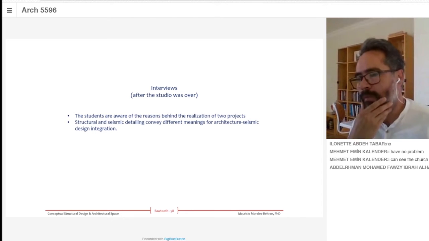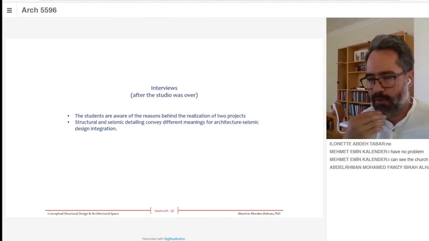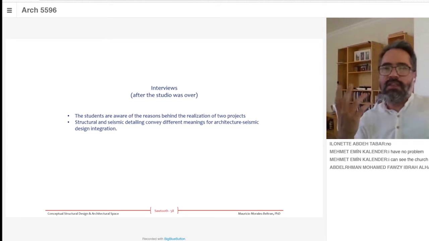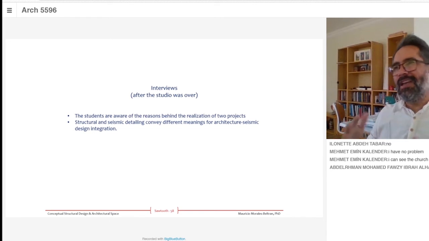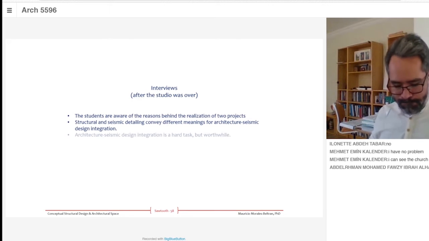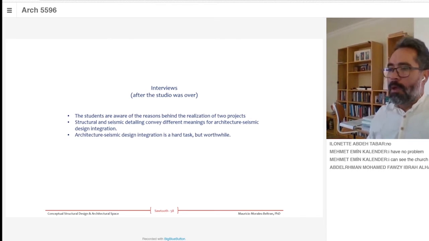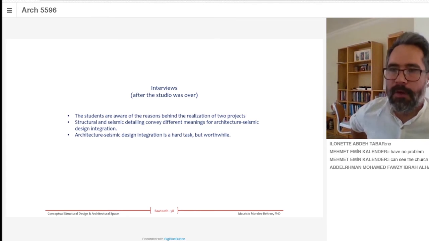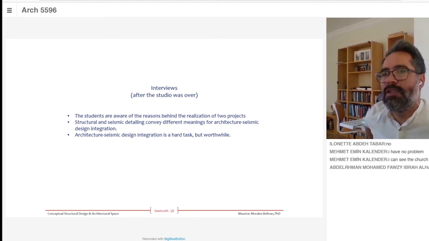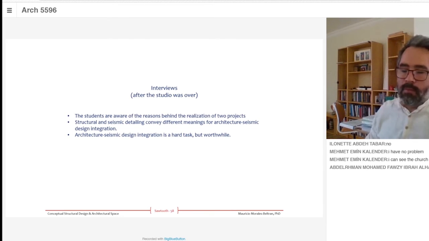Another thing we realized in talking with the students is that there is a confusion between structural design and seismic engineering design. And the final thing here is that even though all of them found it very, very difficult, they thought, especially once the students graduate and go into the professional area, that the work we did there was very worthwhile, that it was really important.